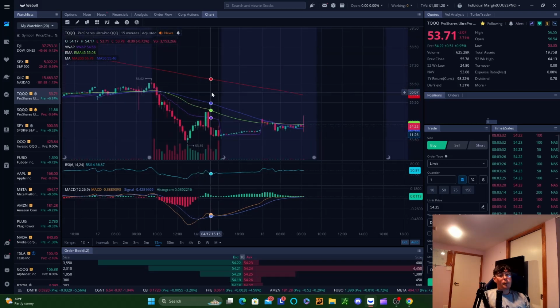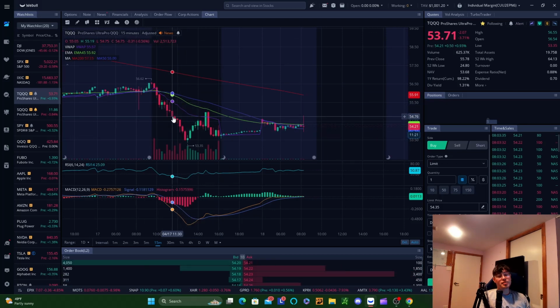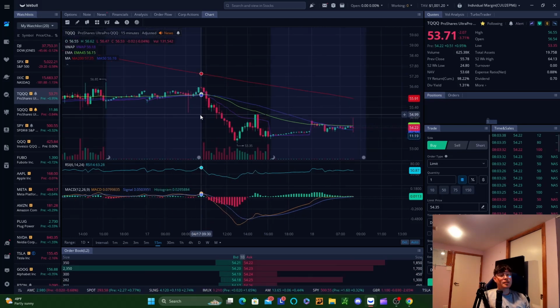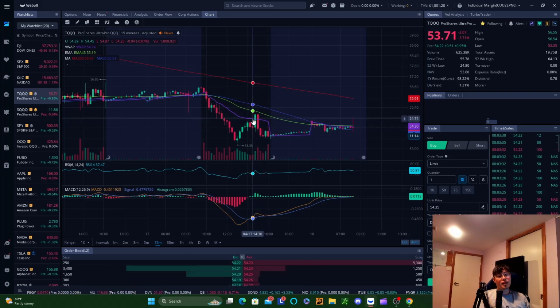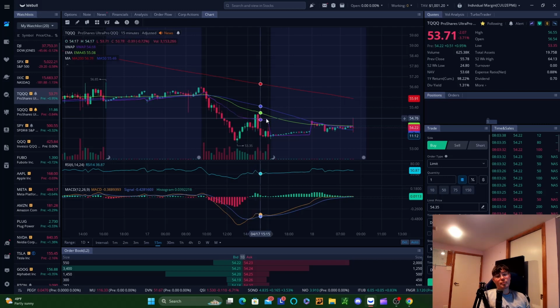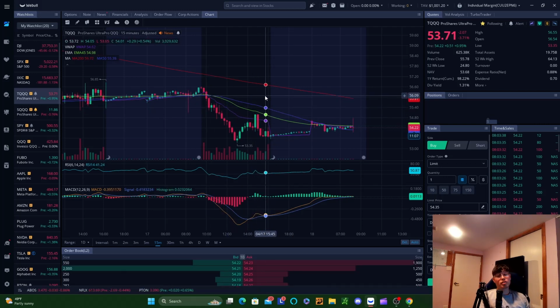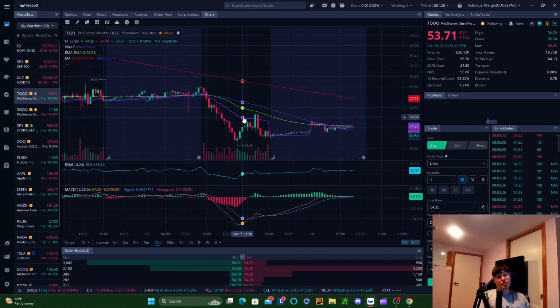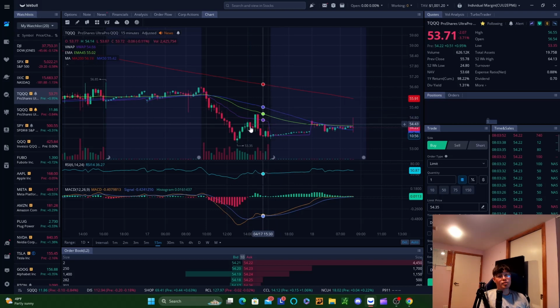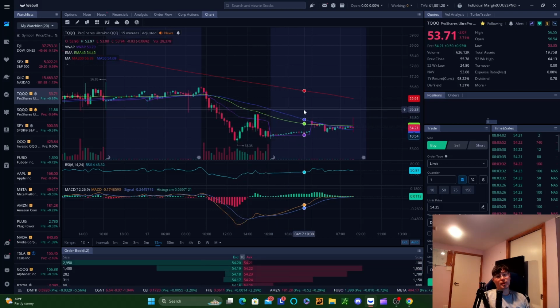So with that being said, the VWAP is the one that follows more closely to the price throughout a single day. So you can make some moves just by following the VWAP if it's a quick day trade in and out. But if you want a long trend and a long trade, you would follow the indicators that have more data inside of them. These three have more data compared to the VWAP, which is cool, but I day trade as well, so the VWAP is very helpful for me.